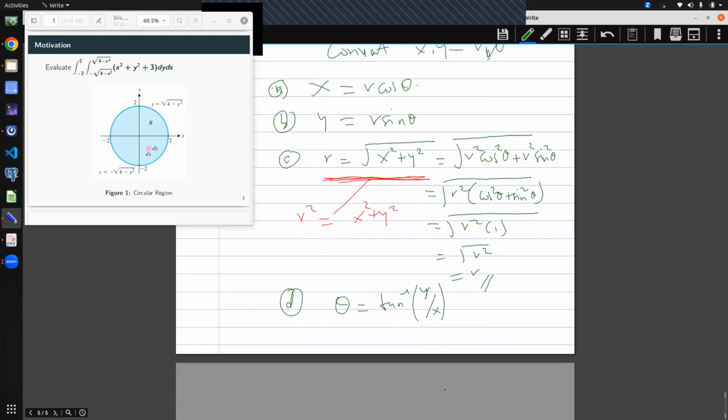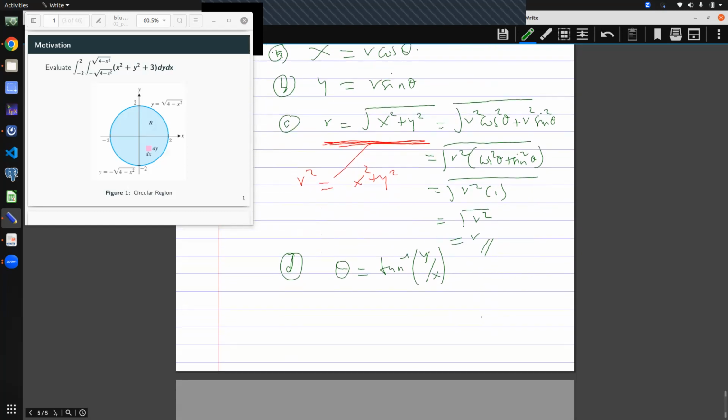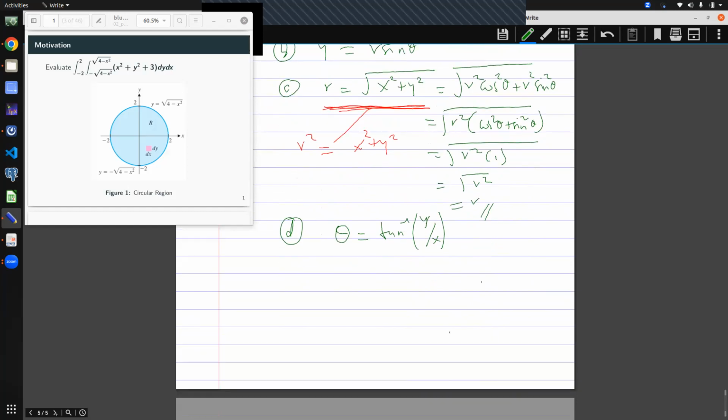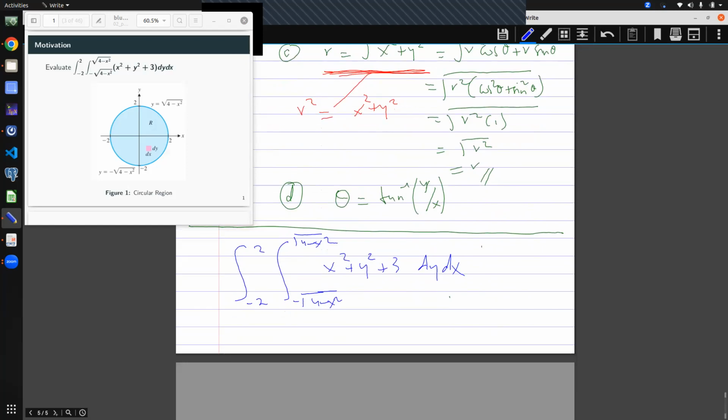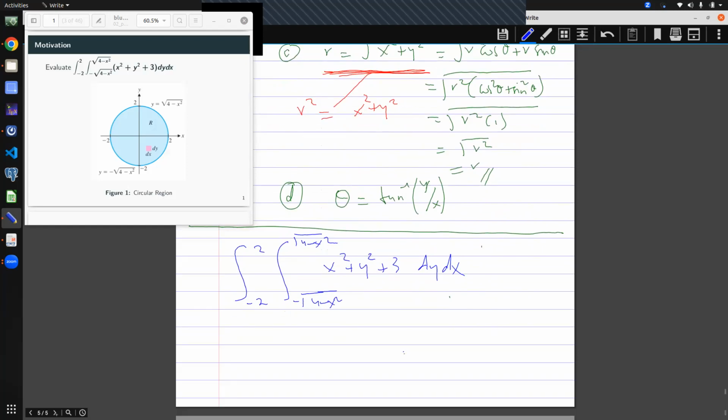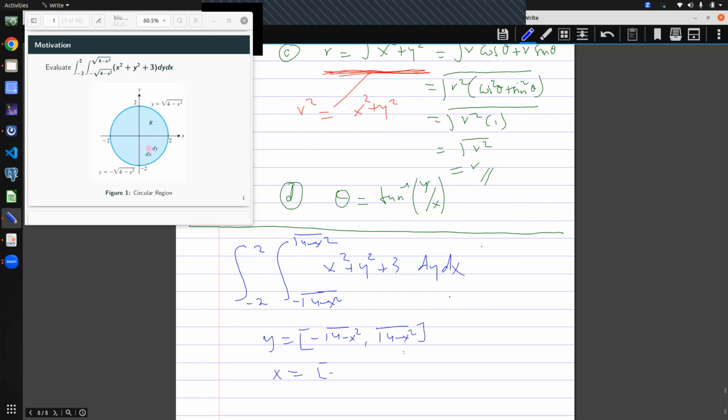And so with this, I can quickly get my representation in polar for the question. I have to write that again. Anyway, so I have the integral negative 2 to 2, and you would realize that for this double integral, my y is the inner. The y is negative square root of 4 minus x squared to the positive side. Then my x is negative 2 to 2.